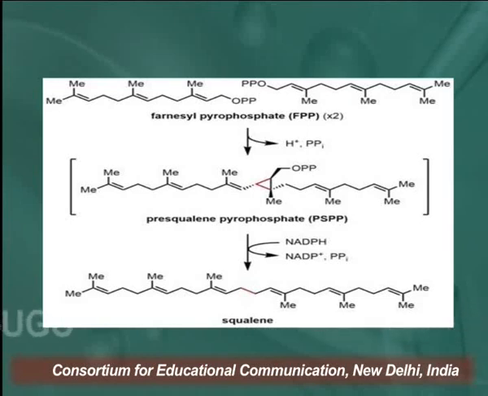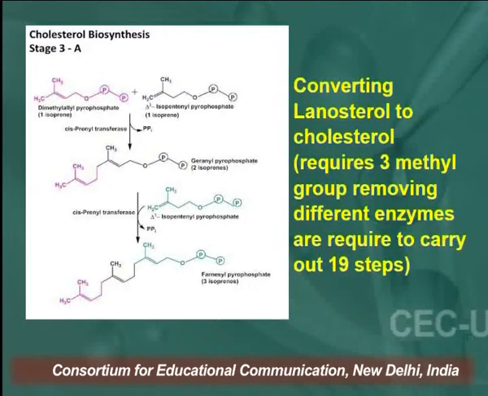You can see farnesyl pyrophosphate in the presence of enzymes converts into squalene. Then, after squalene formation, converting lanosterol to cholesterol requires removal of 3 methyl groups.